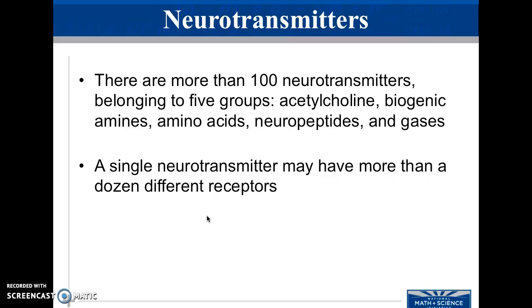There are 5 main groups of neurotransmitters that we need to know. The acetylcholines, the biogenic amines, amino acids, neuropeptides, and the gases. And a single neurotransmitter will have tons of different receptors.